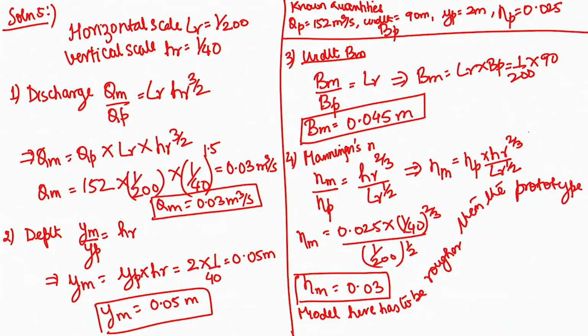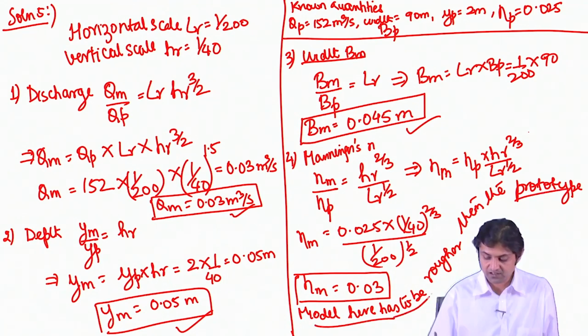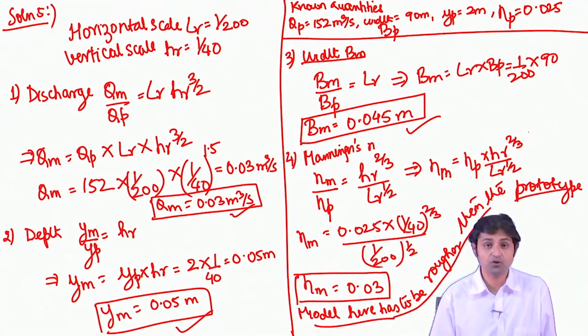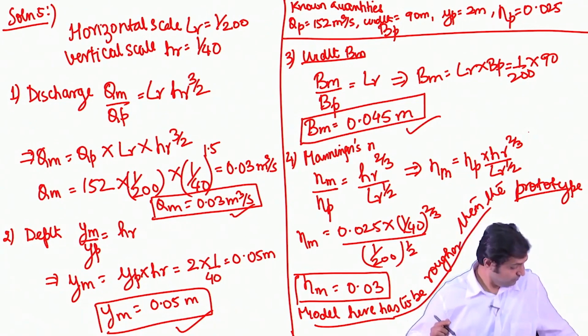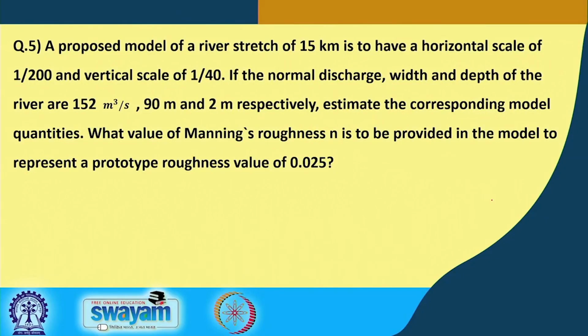We have seen that everything is reducing: the discharge in model has reduced, the depth has reduced, the width has reduced, but the special thing to note is that the Manning's n, or the roughness, in the model has to be more rough than the prototype. It is an interesting result, some things to ponder over, and with this, I would like to finish this module.